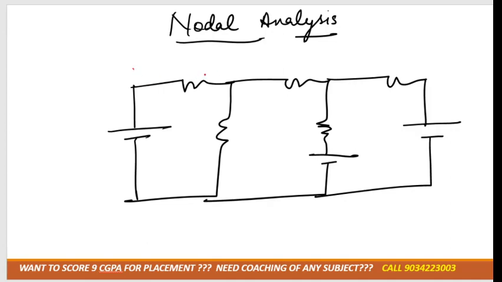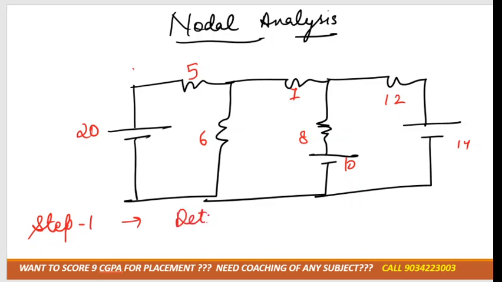So what is our step number 1? Step number 1 is to determine the number of nodes, because those are the variables, and accordingly we have to make the equations.